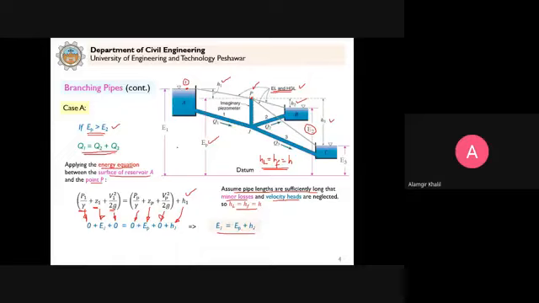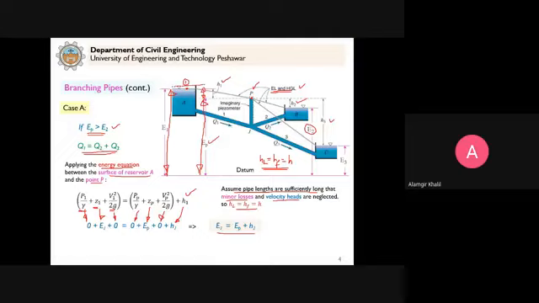And this is what you can see here in this diagram. This is E1 here, and this E1 is equal to this EP, which is here, and this is H1.